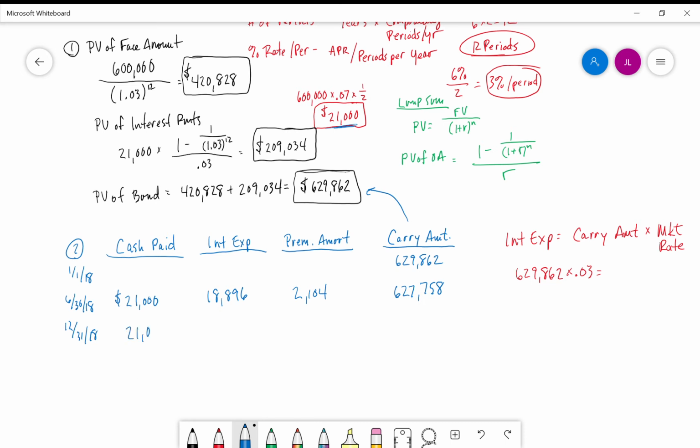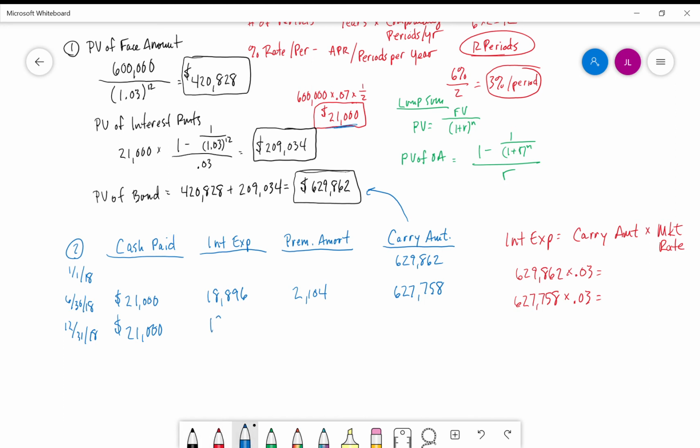Okay? Now when we go on to 12/31 of 18, our cash paid, the amount we have to pay on interest on this bond, is the same. That doesn't change. However, our interest expense is now calculated, remember, off the carrying amount. So for this second interest payment, we're looking at $627,758 multiplied by our 3%, which is 18,833.